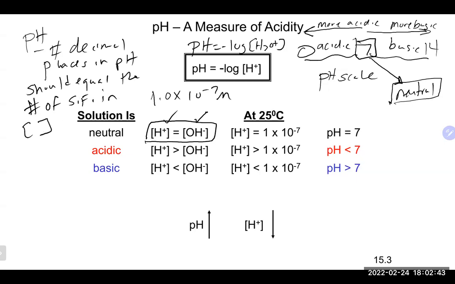So let's say, for example, here we had an H plus concentration of 1 times 10 to the minus 5 molar. Calculate the pH to the correct number of digits.